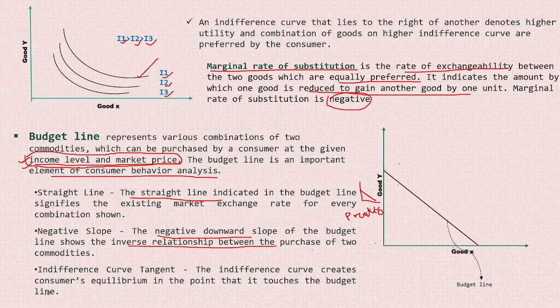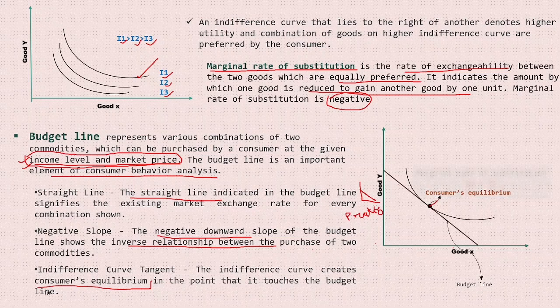The fourth point is that the indifference curve tangent creates consumer equilibrium at the point where it touches the budget line. Graphically you can see this is the indifference curve and this is the budget line, and the point where they meet is your consumer's equilibrium. It is very important.